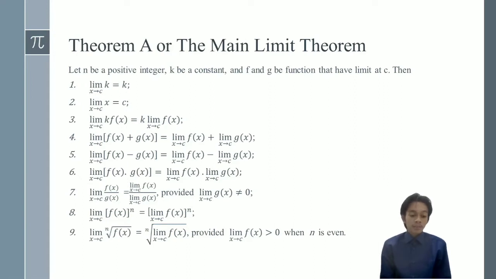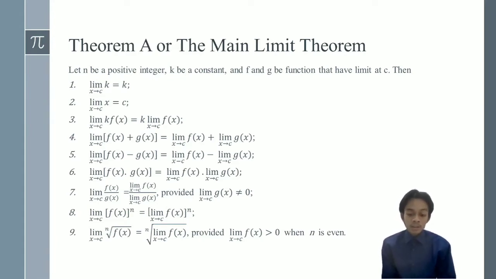And next, number 4 and number 5 are similar to each other. They are called limit of the sum and difference of two functions. This states that the limit of the sum or difference of two functions is simply the sum or difference of the limits of the individual functions. Number 6 and number 7 are called limit of the product and quotient of two functions.